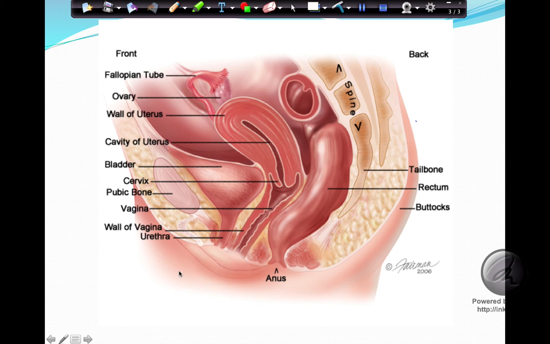But this just gives you another view of the anatomy. I personally like the two views, the one of the external and then the frontal view of the internal, as opposed to this one. But it's there. I wanted to include it because it's included in the book.